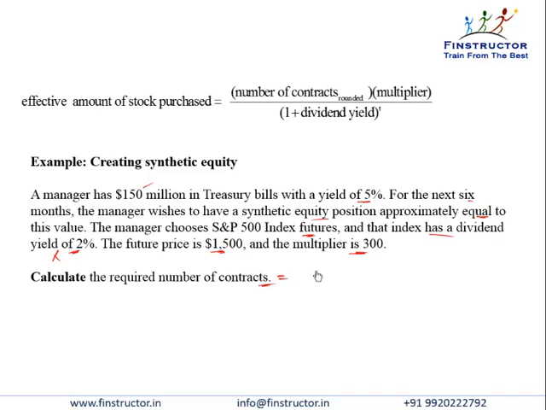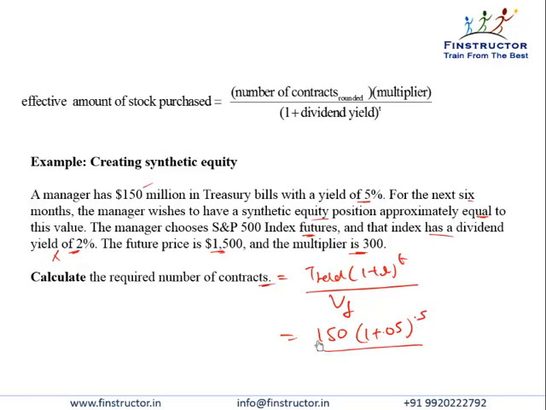So the number of contracts would be equal to the treasury position held into (1 plus r) to the power t, t will be 0.5 in this case, divided by the value of one contract. The treasury position held is 150 million into (1 plus 0.05) to the power 0.5 upon the value of one contract, that is equal to 1500 into 300, divided by 10 to the power 6, or we can simply multiply this by 10 to the power 6 to make 150 million, which will give us 341.57 or approximately 341.6.